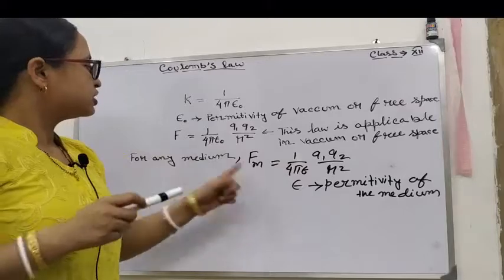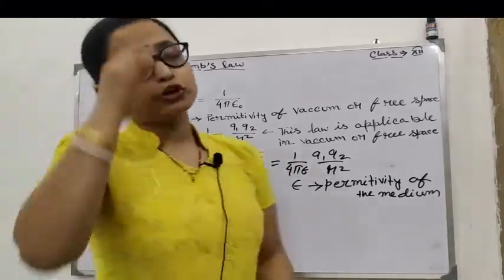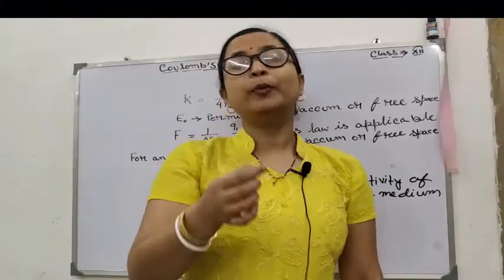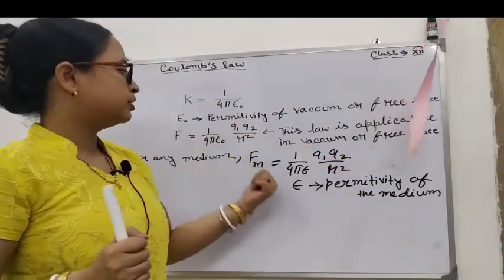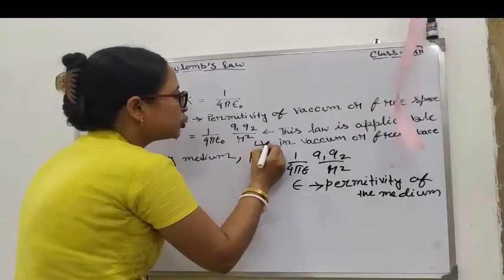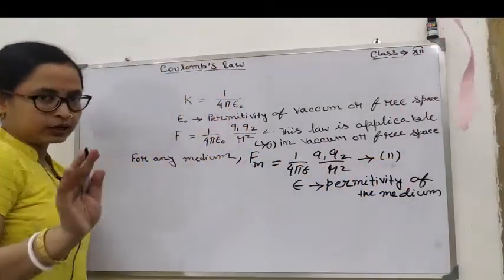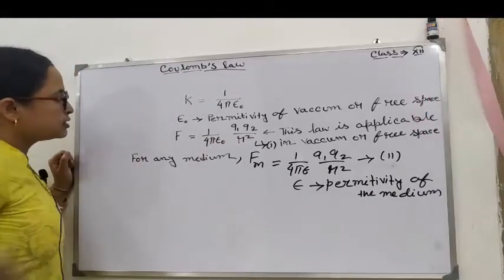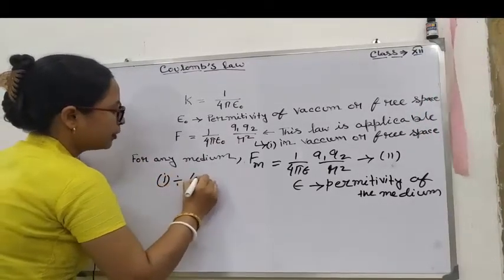Clear now? So this is the formula for the medium and this is the formula for free space. Some short numerical questions may be asked from this, on free space and medium force also. Let us call this equation 1 and this one equation 2. Now let us divide equation 1 by equation 2.